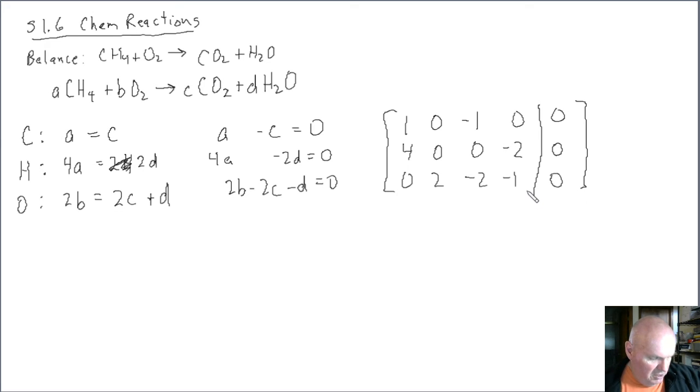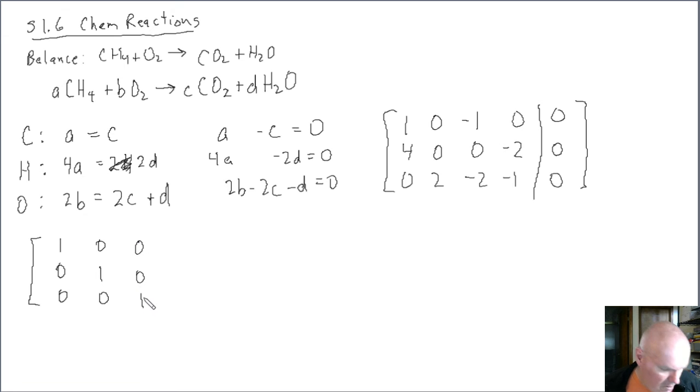I'm going to skip the steps of reducing this to reduced row echelon form. It's pretty simple. It only takes a couple of steps, and I encourage you to go through those steps. But the result is 1, 0, 0, minus 1/2, then 0, 1, 0, minus 1, then 0, 0, 1, minus 1/2.